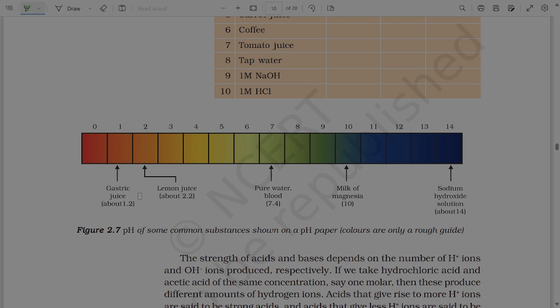These pH values of gastric juice, lemon juice, pure water, blood, milk of magnesia and sodium hydroxide solution are commonly asked in every competitive exam which conducts a paper of general studies or science. So please make a note of it.